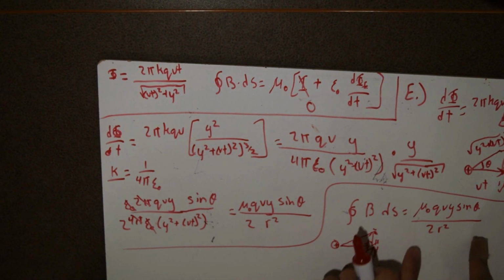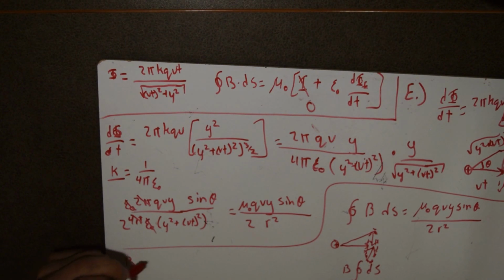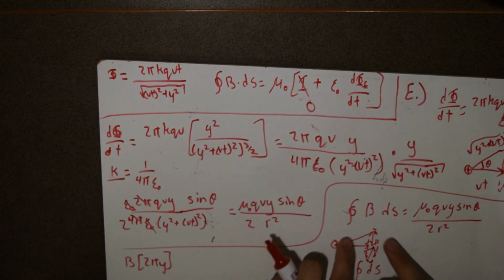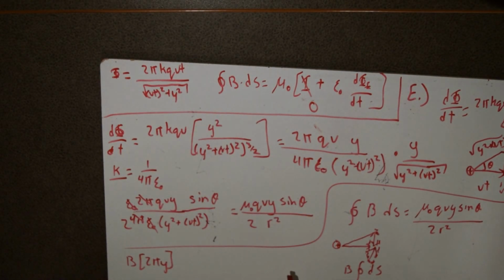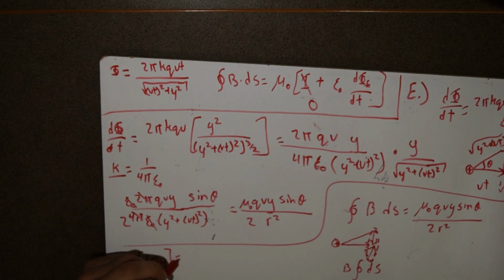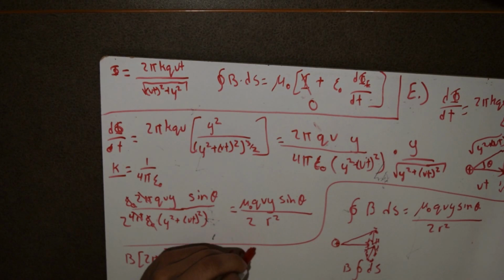So I'll rewrite this and this over here. So B times the 2 pi y, and I hope this made sense, why I changed b dot ds to B times 2 pi y, equals mu naught qvy sine theta over 2r squared.